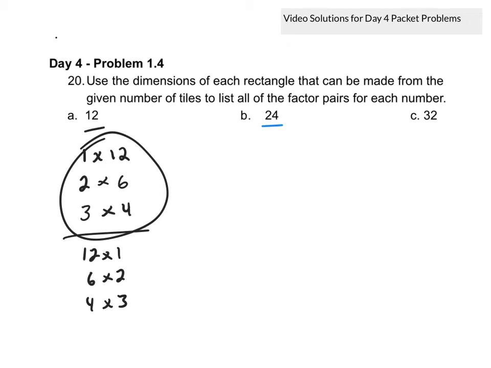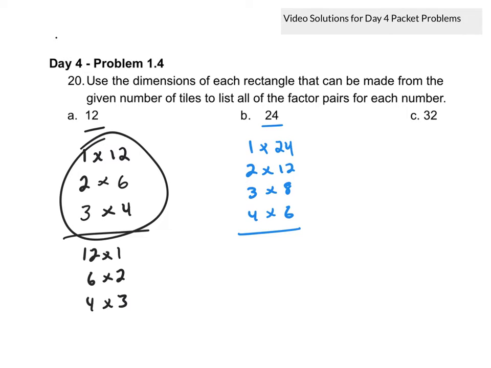So 1 by 24, 2 by 12, 3 by 8, and 4 by 6. So there's 4 factor pairs, or we could say there's 8 factors.